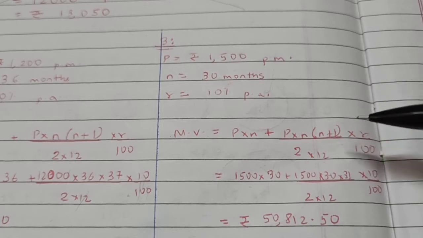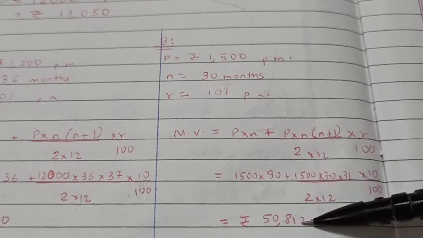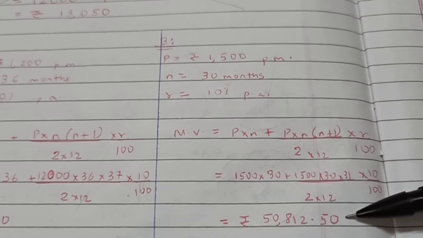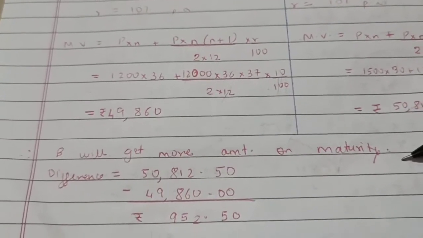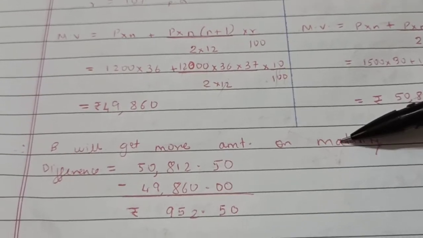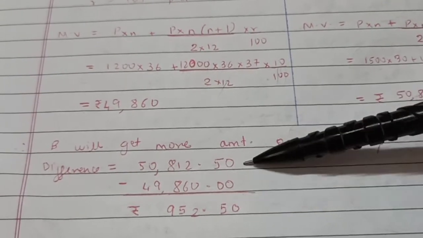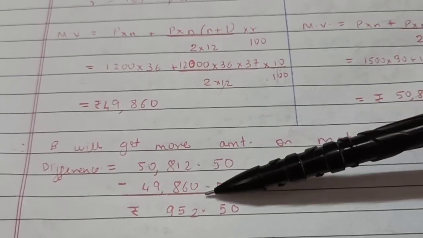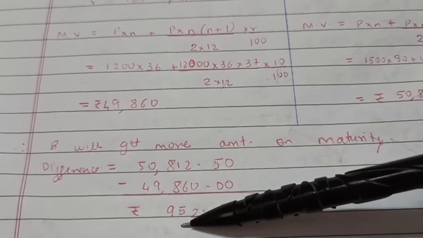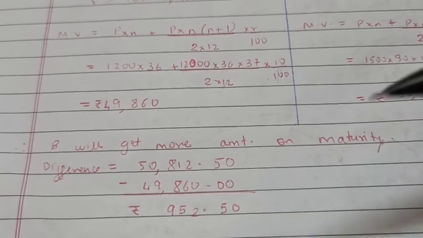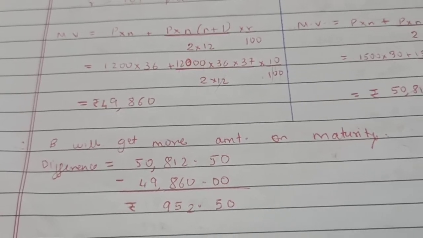So the final maturity value is rupees 50,812 and 50 paise. So clearly B has the higher maturity value, and by how much? As they've asked, well, just subtract, find the difference, remember decimal below decimal point, and the answer is rupees 952.50.